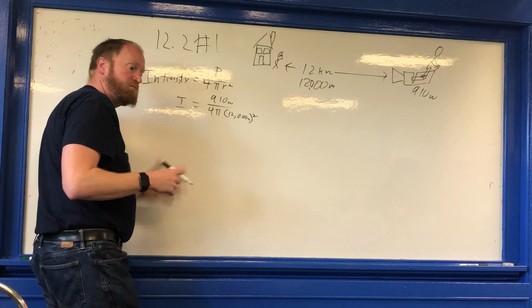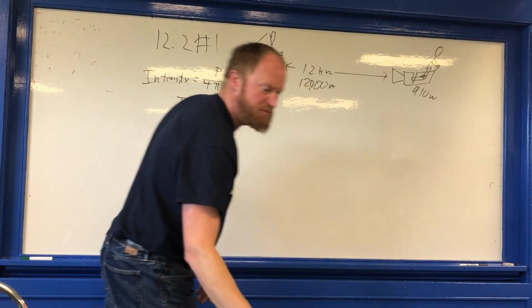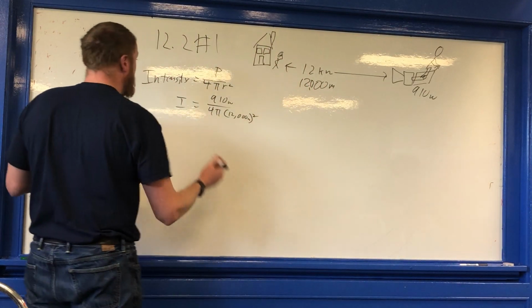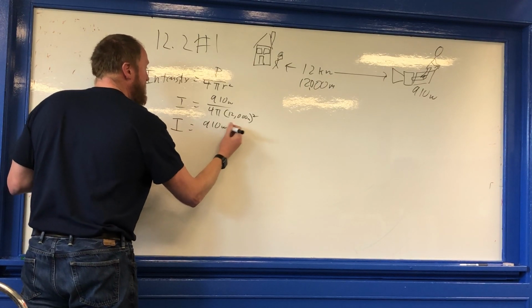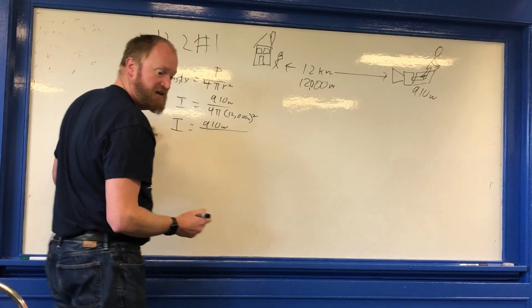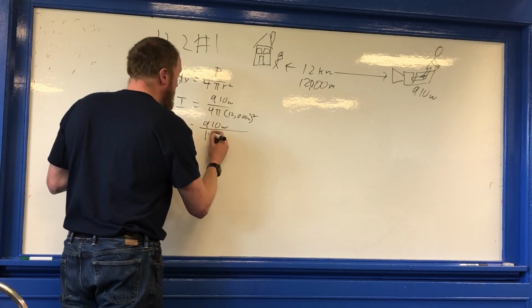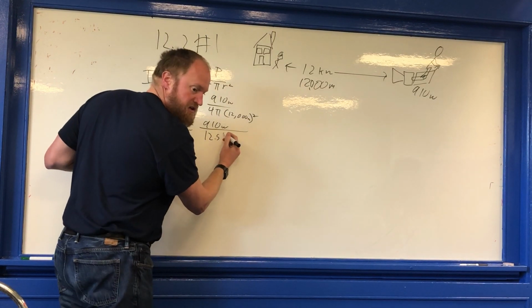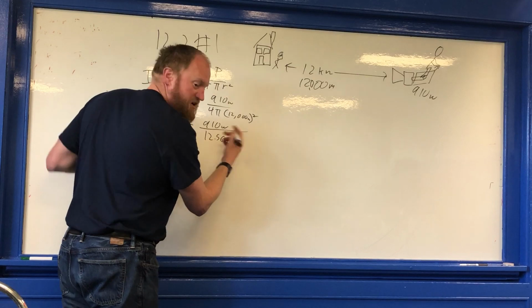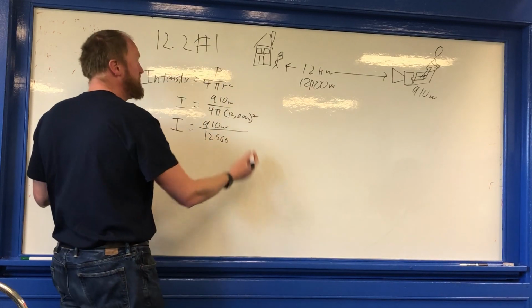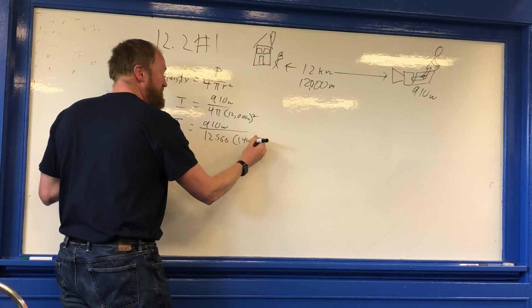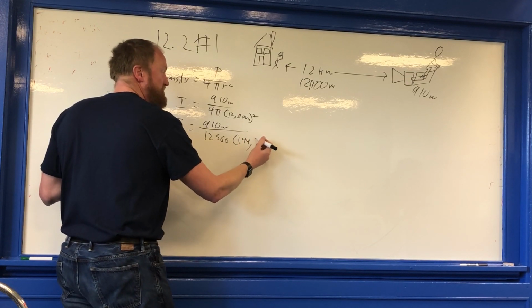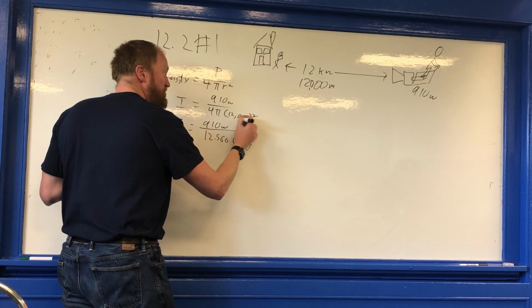So, doing a little math. I did the math before I came up here. I is equal to 910 watts over 4 pi times 12,000 meters squared. Well, 4 pi is 12.566 and so on. It doesn't matter. 12,000 squared is actually quite easy. 12 times 12 is 144. 1,000 times 1,000, well, just twice that many zeros.